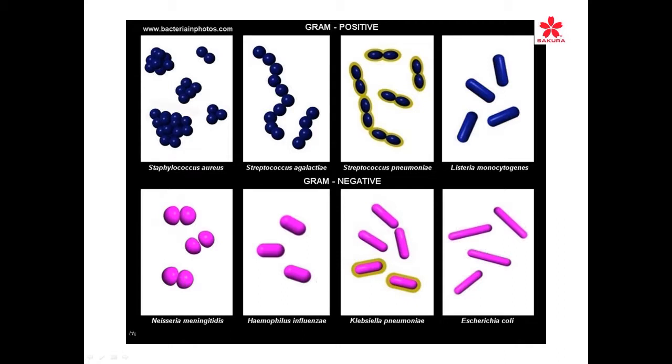This one, Escherichia coli, is very common. This is one of the main contributors of some of the health issues that we have in the food industry today, where you have seen in the news that certain meat products or certain produce products have been infected with Escherichia coli. This is the bacteria that they're talking about.